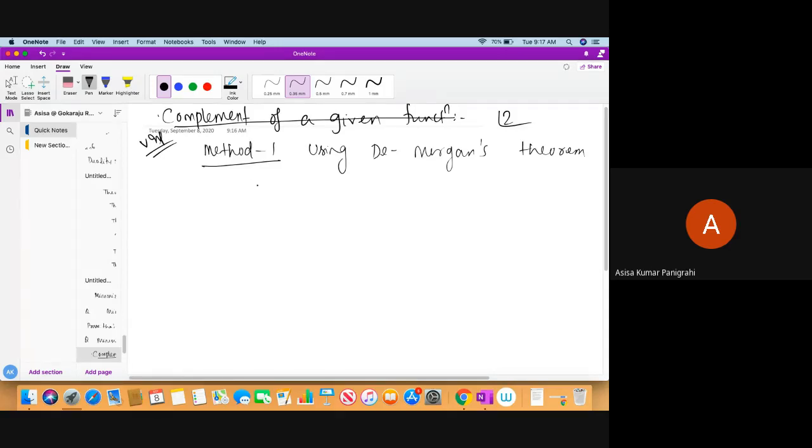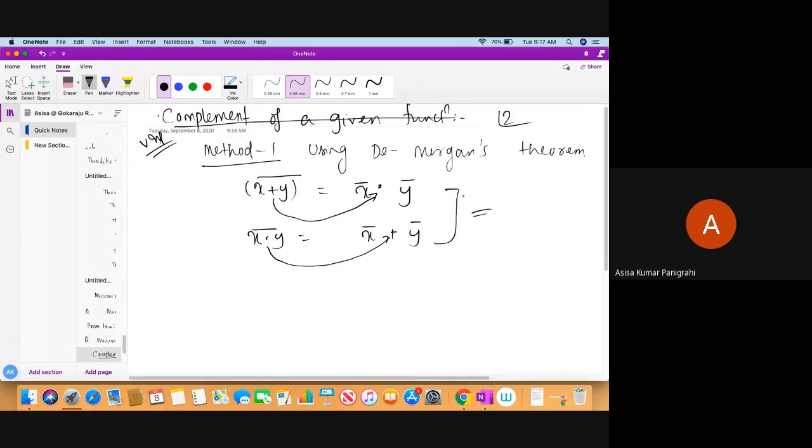You know that De Morgan's theorem is nothing else, x or y whole bar is nothing else, break the bar and change the operator or to and. Similarly, x and y whole bar is nothing else, break the bar and change the operator and to or. So these are all De Morgan's theorems. We'll use this De Morgan's theorem to find the complement of a given function. This is the method 1. We'll discuss method 2, don't worry.